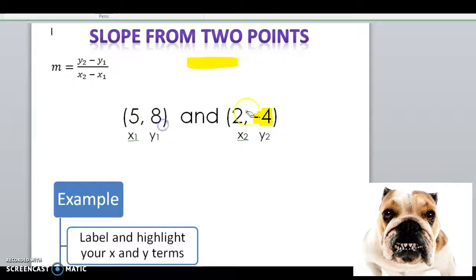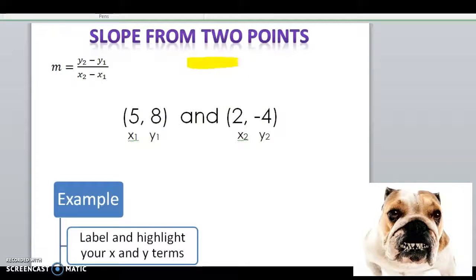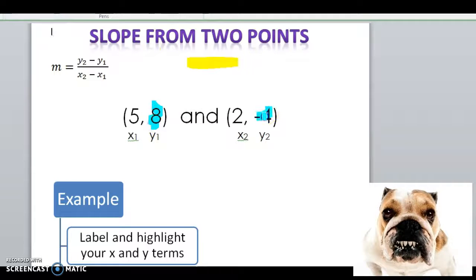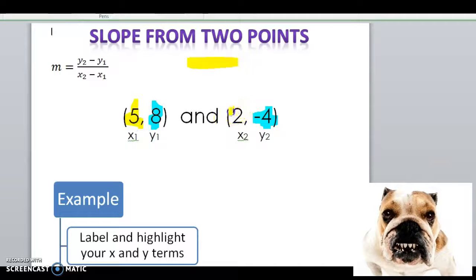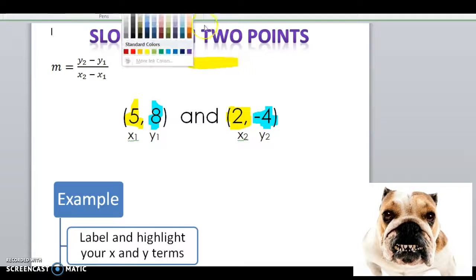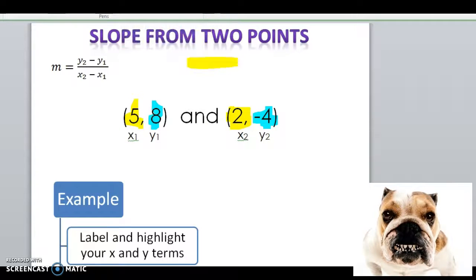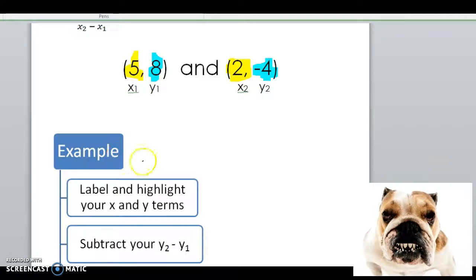Wow, I'm getting old. I'll use blue for my y values and yellow for my x values. You can use whatever colors you want at home. Just make sure you have two colors to differentiate between your x and your y. So the first step is highlight and label your x and y terms.